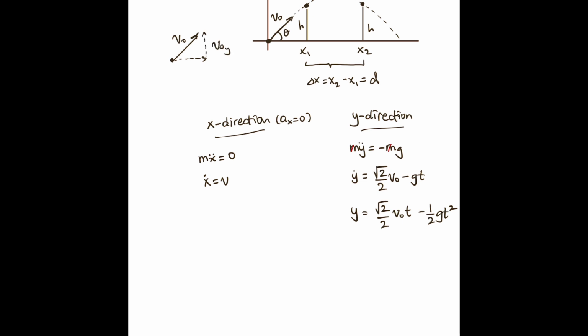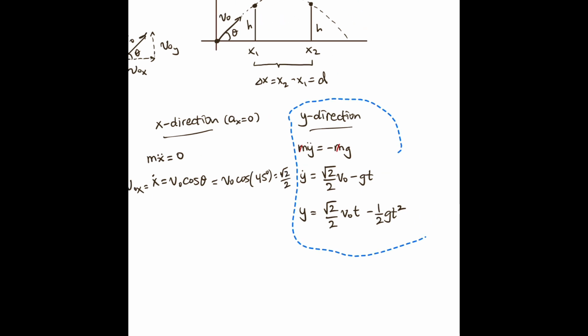We know in the x direction, if we take the components of our v0, v0 y, v0 x, and theta, our v0 x is just going to be v0 cosine theta.